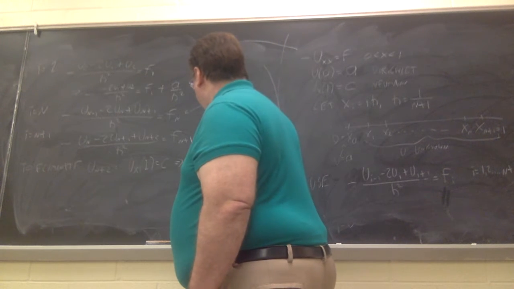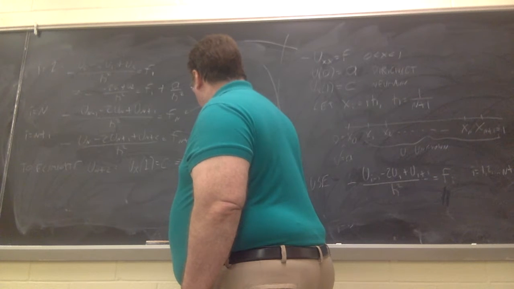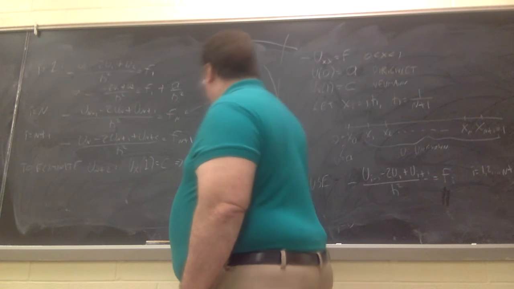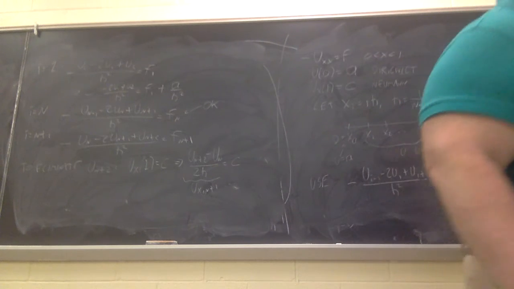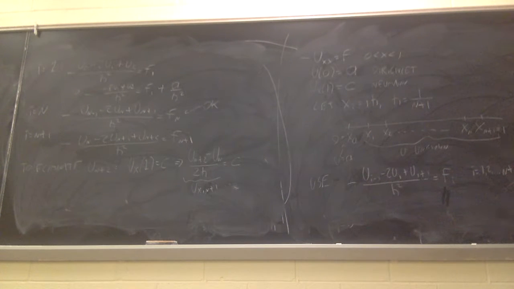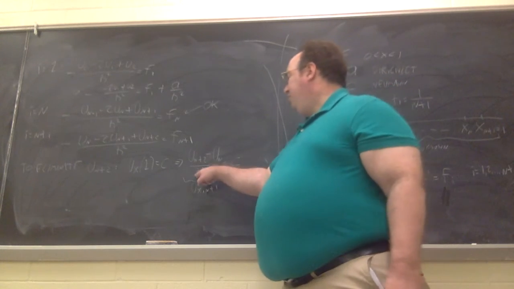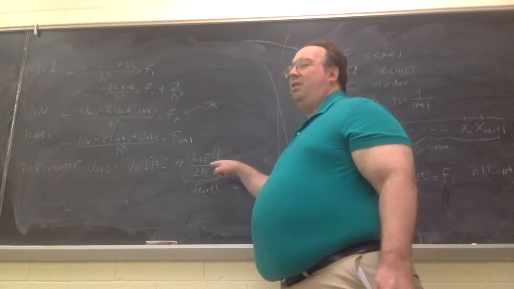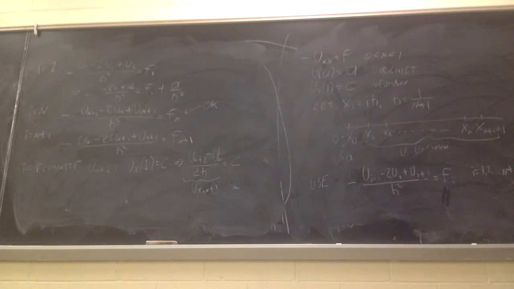Because that is ux at point n plus 1. What finite difference formula have I used there? The center. Yes. How can you tell? 2h at the bottom and the indices are 2 apart. The one missing index in the middle, n plus 1, is where you're actually taking the derivative.